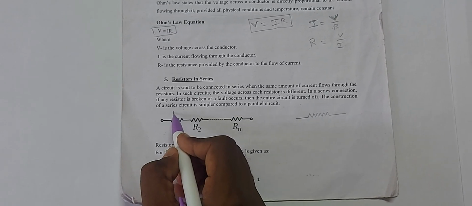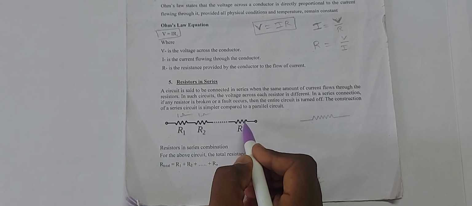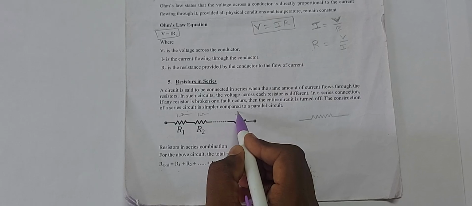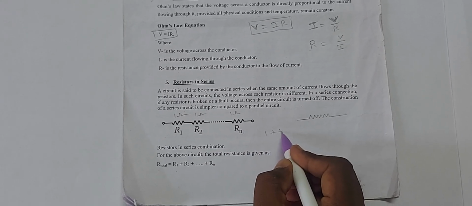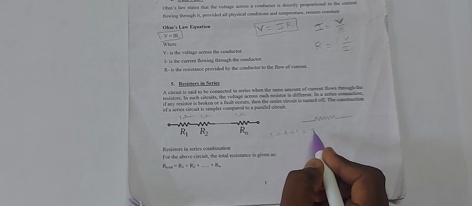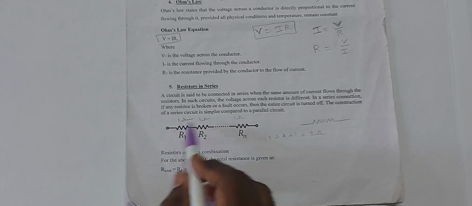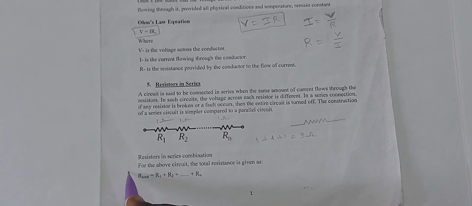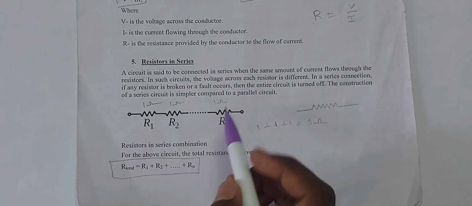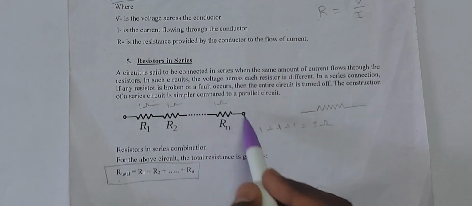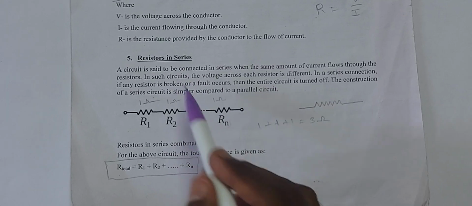Suppose R1 is 1 ohm, R2 is 1 ohm, and likewise we can add up to 10 ohms. This is also 1 ohm. So total resistance is 1 plus 1 plus 1 equal to 3 ohms. However many resistances there are, by adding their values together we know the total resistance value. By this way we can connect many resistances in a circuit. This is known as resistance in series.